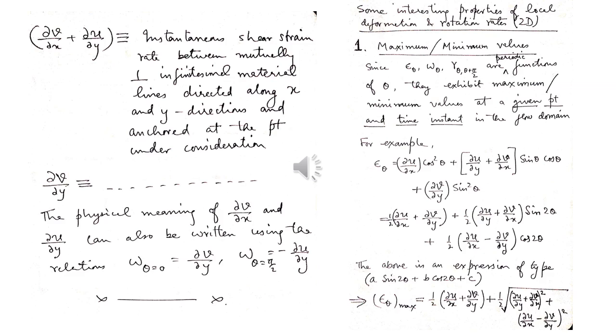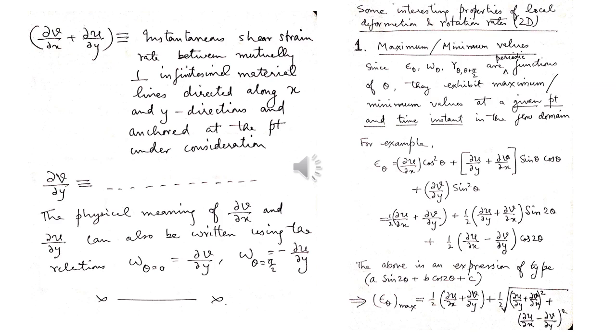See, because we know that epsilon theta, omega theta and gamma theta comma theta plus pi by 2, so longitudinal strain, rotation rates of a single infinitesimal material line and the instantaneous shear strain rate between a pair of mutually perpendicular infinitesimal material lines, all these are periodic functions of theta.